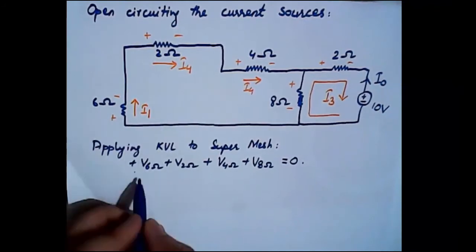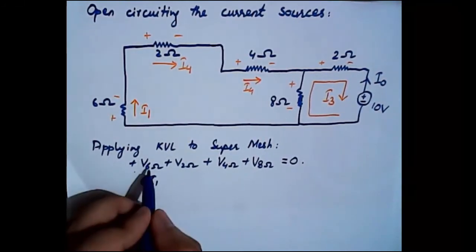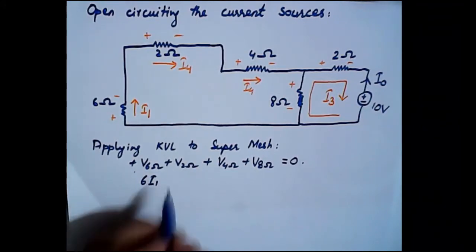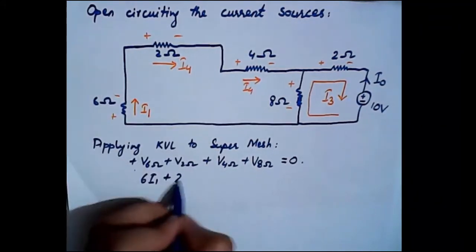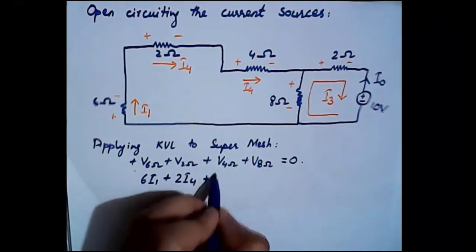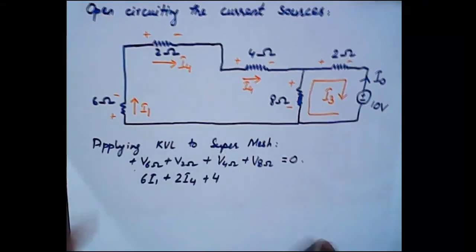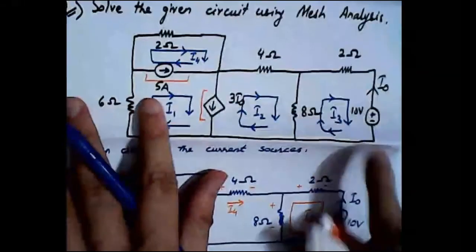And 6 ohms it will be 6I1, since we know that the voltage is the product of resistance and current, plus 2 times I4 plus 4 times, I'm sorry, this is not I4, let me check, this is I2.